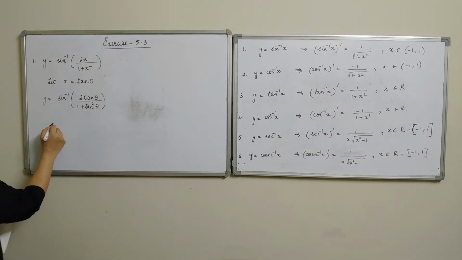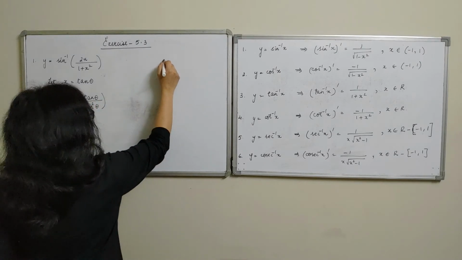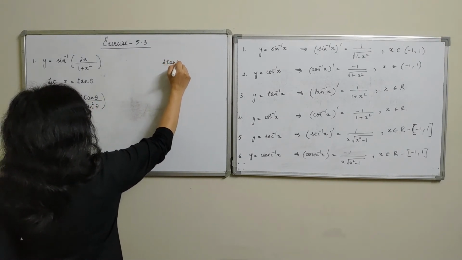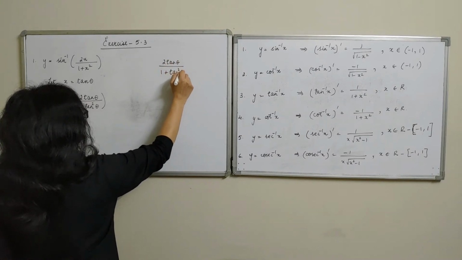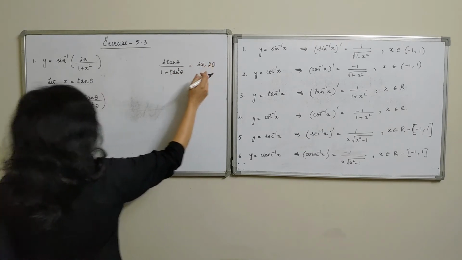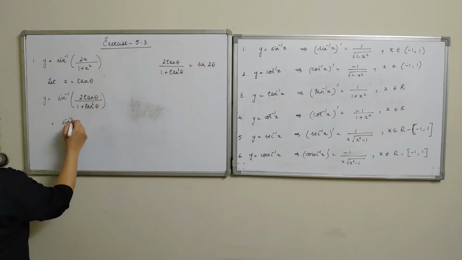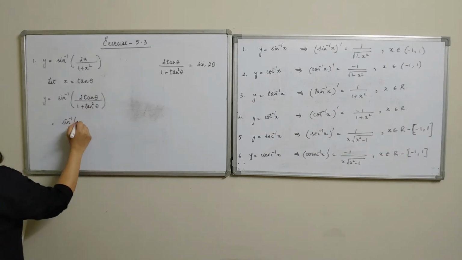So if you remember the identity, then you will remember that 2 tan theta upon 1 plus tan square theta is actually sine 2 theta. If you remember, you can directly substitute it here. In case you don't remember, then convert tan function into sine and cos.